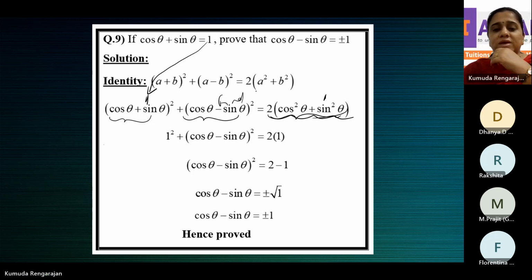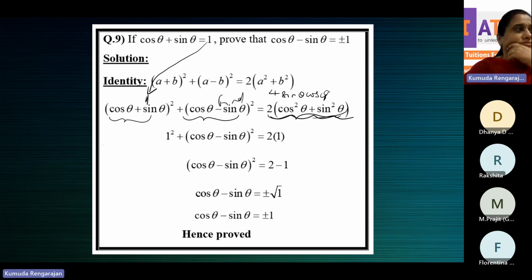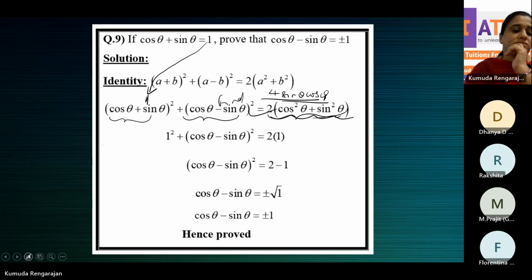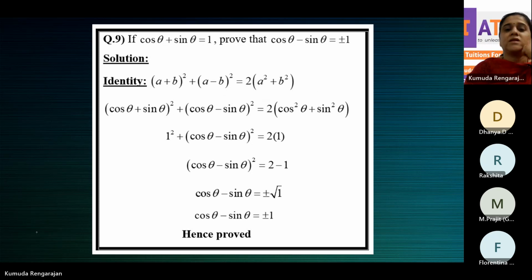When you use 4ab, it will be 4 sin theta cos theta. But when you take the identity 2 of (a square plus b square), a square plus b square is sin square theta plus cos square theta, which is 1. So you prefer this identity over the other one.